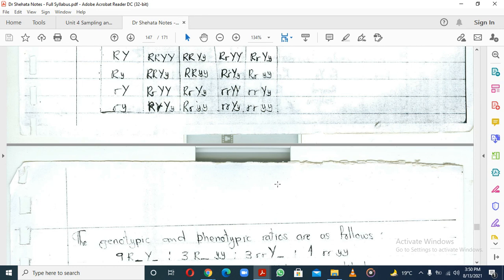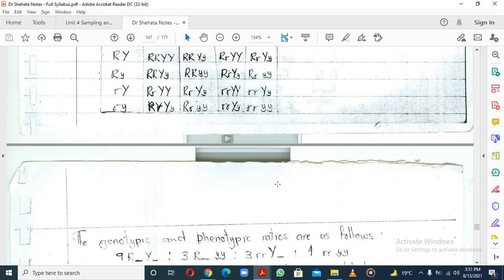And when we look at our Punnett square, we are going to see that those are going to be 9. So it does not matter whether it's capital R and capital R, but so long as it's got capital R in it and it's got capital Y, we count all those and you're going to find that you're going to have 9. Okay, so that's your ratio for that.